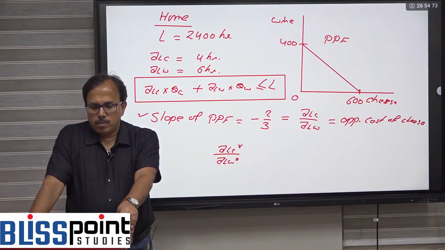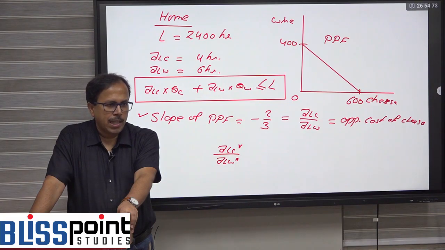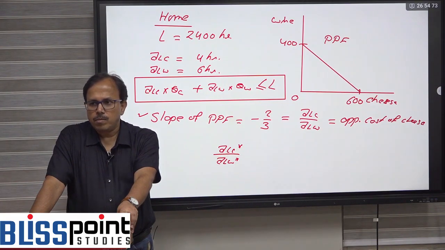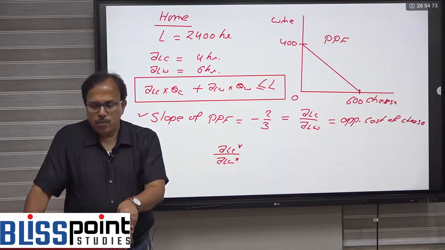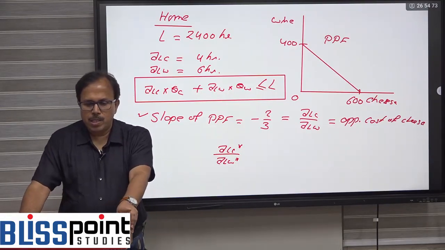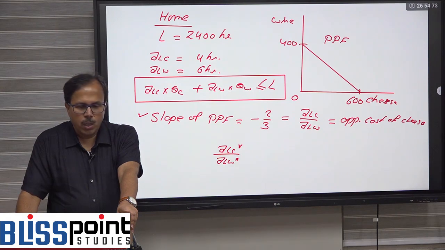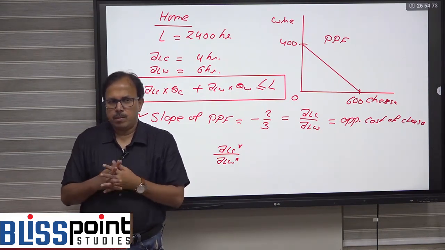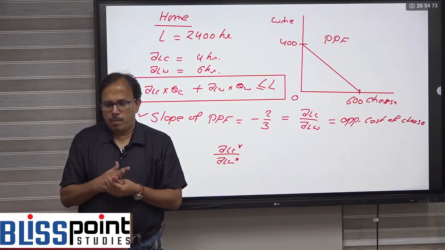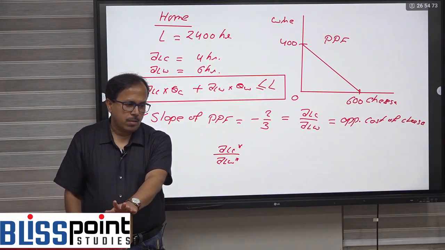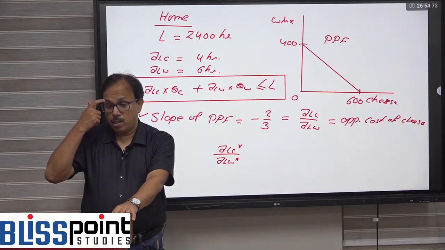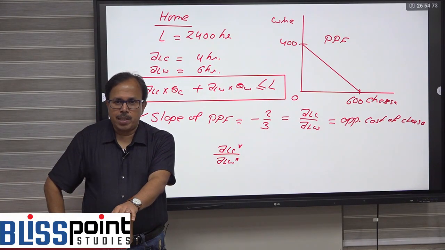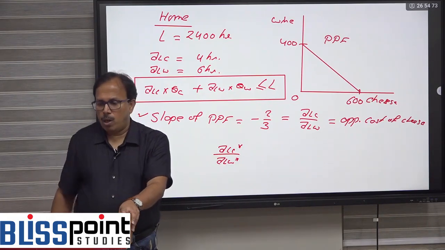This approach in which international trade is arising due to difference in productivity of labor is known as a Ricardian model of international trade.